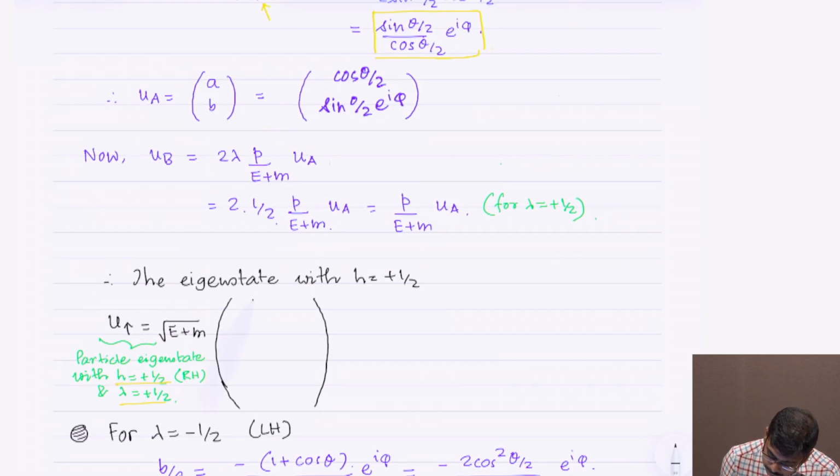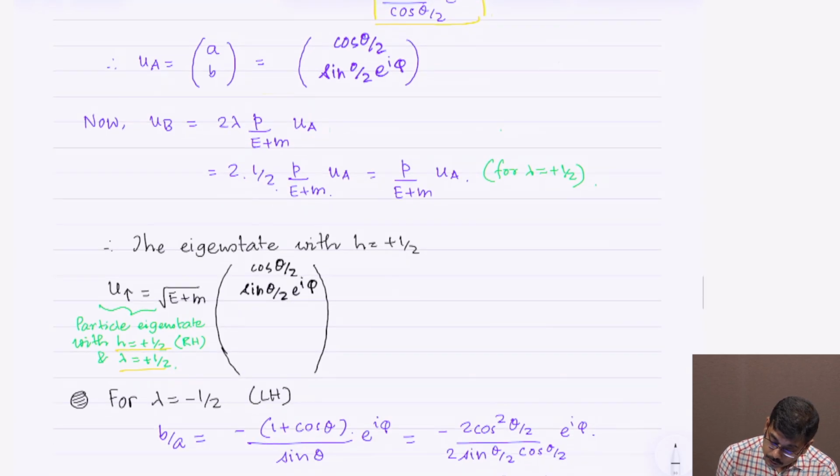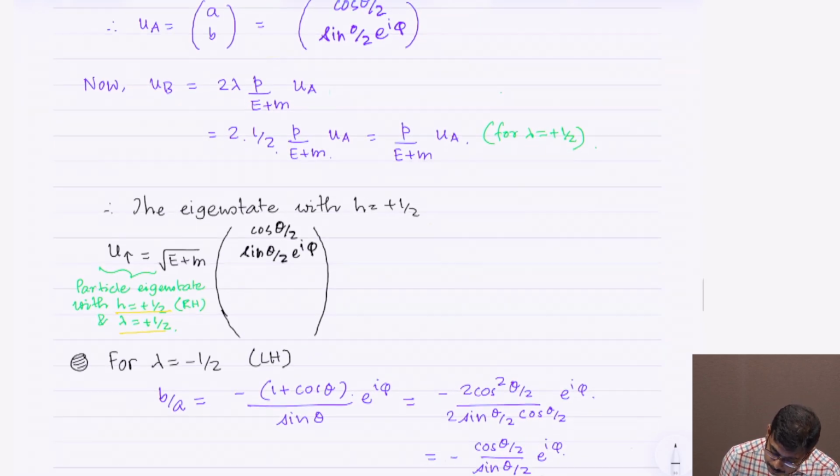This will become, first the UA component, which is cos theta by 2, sin theta by 2 e to the power I phi. Then the UB components will simply be multiplied with P by E plus M into cos theta by 2, and the last component is P by E plus M sin theta by 2 into e to the power I phi, correct.